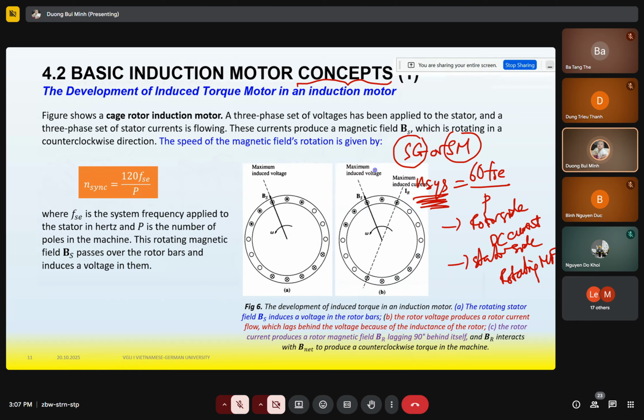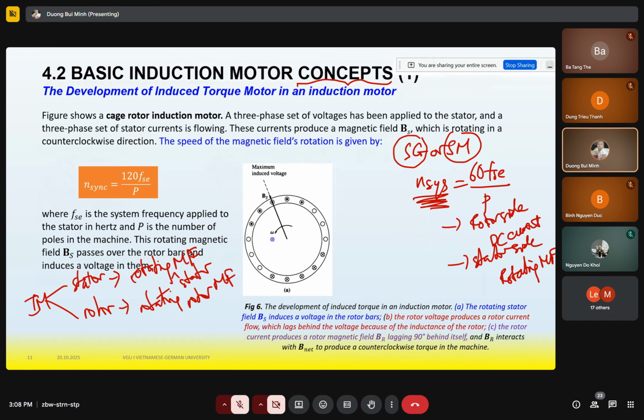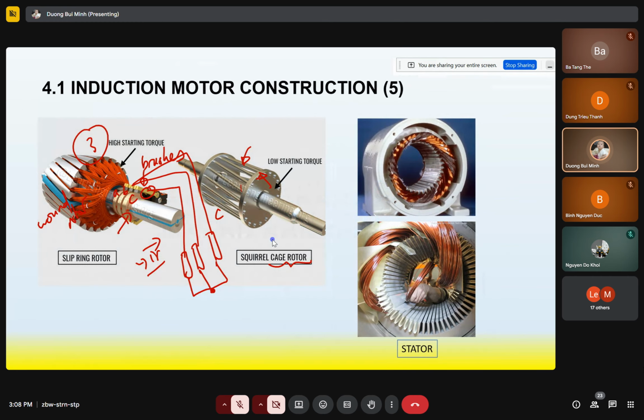for the induction motor, at the stator we have a rotating stator magnetic field, and at the rotor we also have a rotating rotor magnetic field. Why? Because the rotor is three phase.